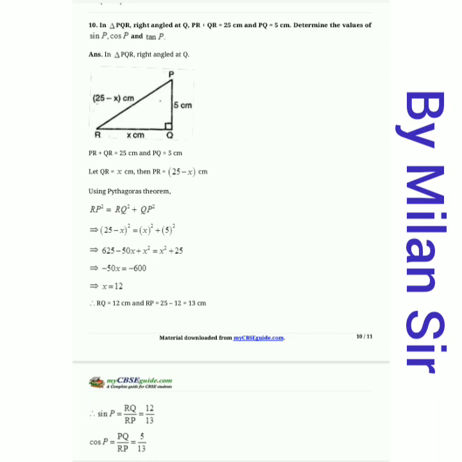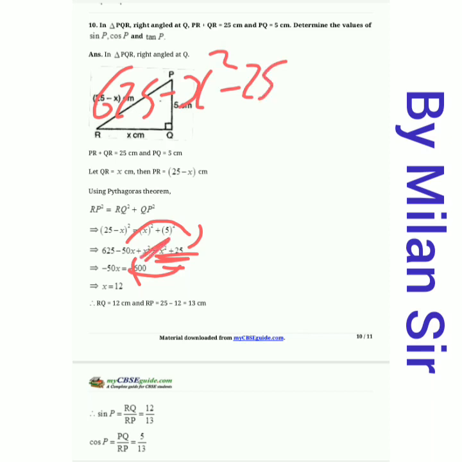Transfer 50x to the right hand side and x square plus 25 to the left hand side. So 625 is already present on the left hand side, and if you transfer x square and 25 to the left hand side, then it becomes minus, so minus x square minus 25, and here we have plus x square also, and transfer 50x to the right hand side, so it becomes plus 50x.